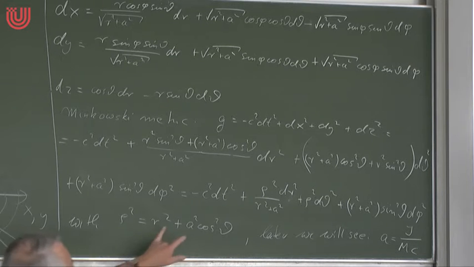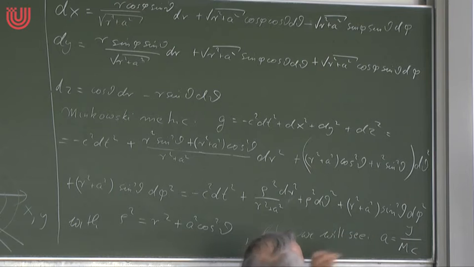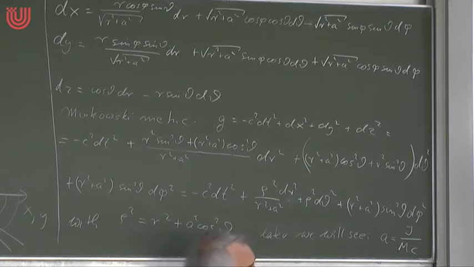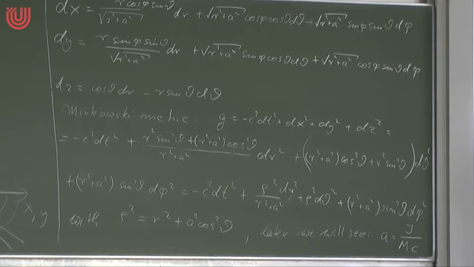No metric coefficient depends on t, so d by dt is indeed a Killing vector field. And no metric coefficient depends on phi, so d by d phi is indeed a Killing vector field. So I want to modify the coefficients only by introducing functions of r and theta, but not of t and phi. And I want to do it in a way that the Schwarzschild metric results when I send A back to 0.